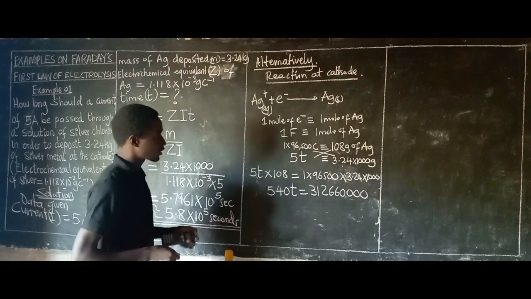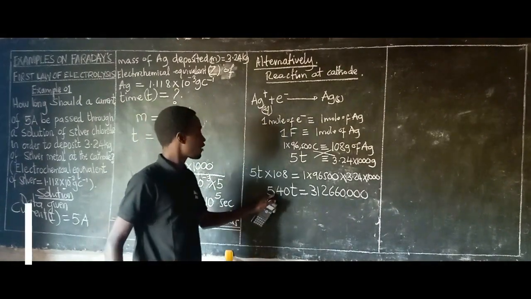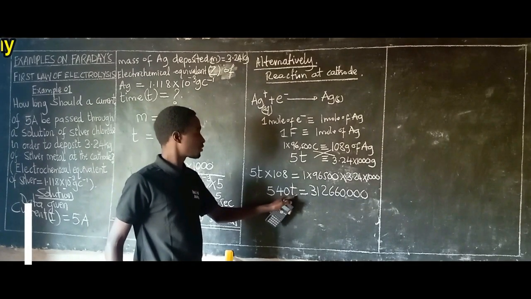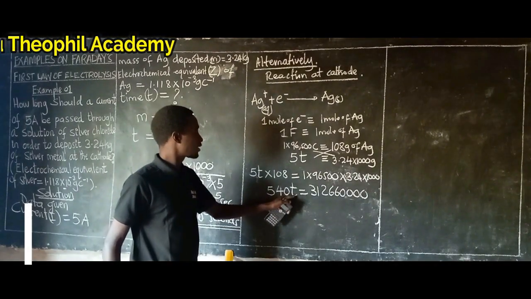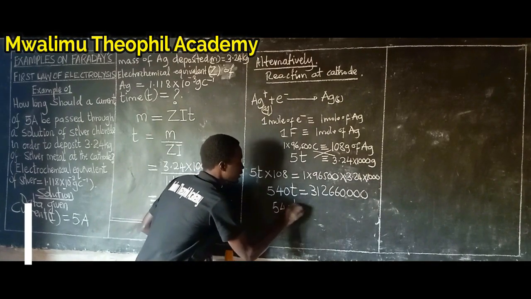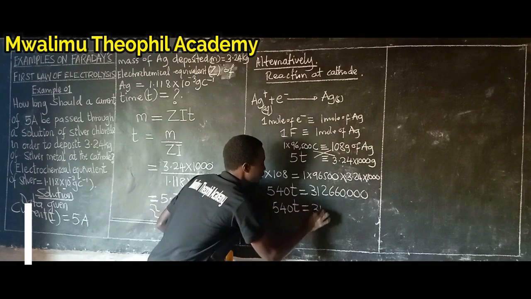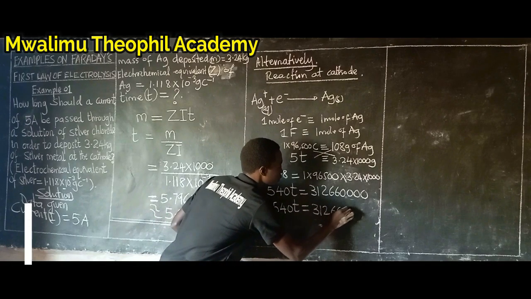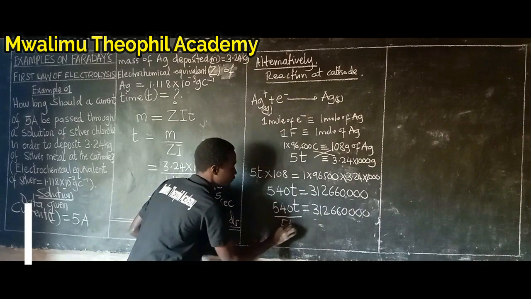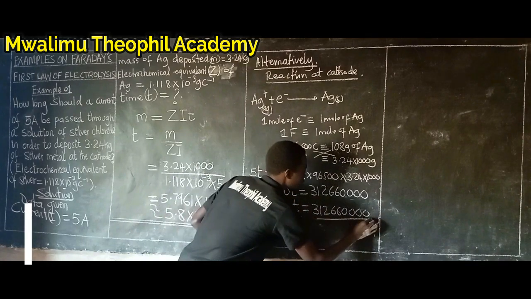What next is to divide by 540 on both sides so as to obtain a known value of t, which is our required time. Now, 540t is equal to 312,660,000. We divide by 540 on both sides.